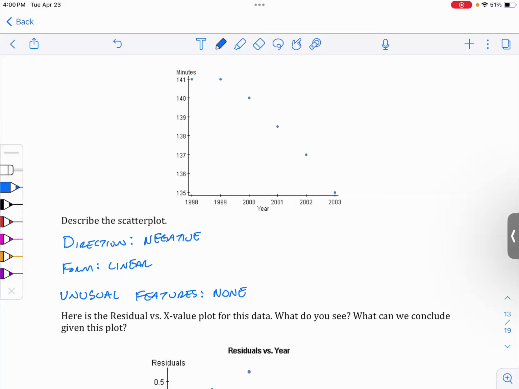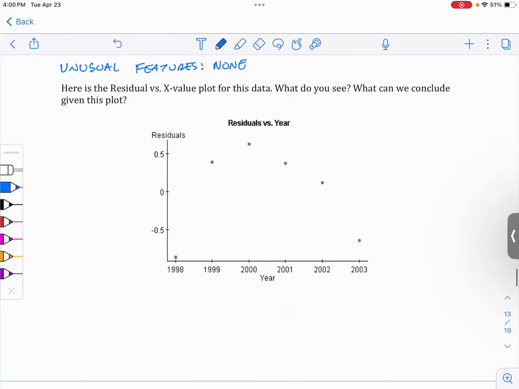And that is exactly how I would describe that data. Because, as I've told you many times, don't look too deeply, get the basic stuff and identify. This is why we check our assumptions. When I make my residual versus X value plot for that supercomputer data, what do I see here? This is the residual versus X value plot. I want to see no pattern.